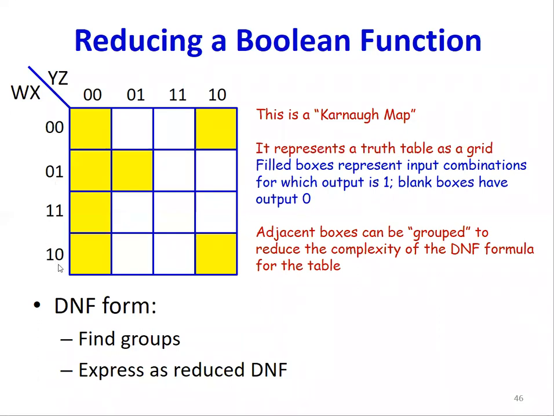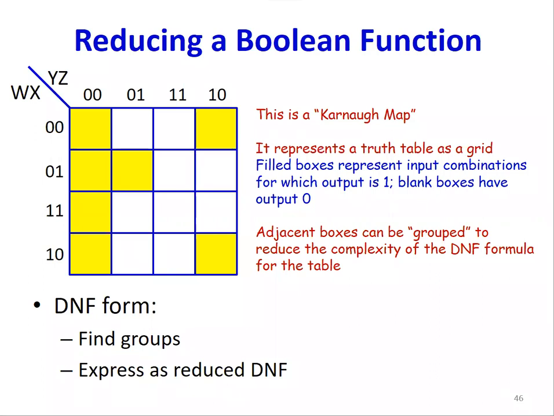And again, any 2 rows differ in only one bit. So these 16 boxes represent all 16 combinations of these 4 input variables. The highlighted boxes represent the input combinations for which the output is 1. For the remaining boxes, the output is 0.